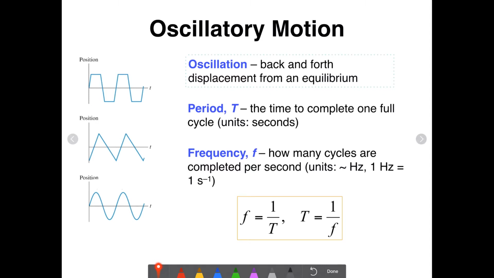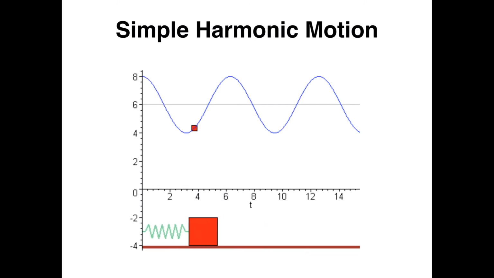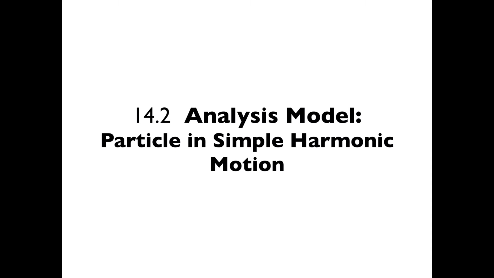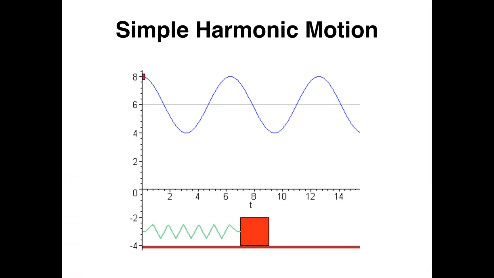That's any oscillation, okay? So just to sort of demonstrate what this looks like, you can see this thing is going back and forth. So you can see the block is moving back and forth between 4 and 8. Let's say these are centimeters, but it doesn't really have units, okay?